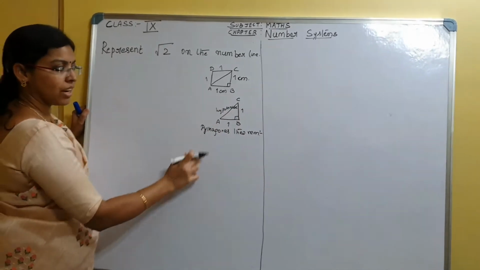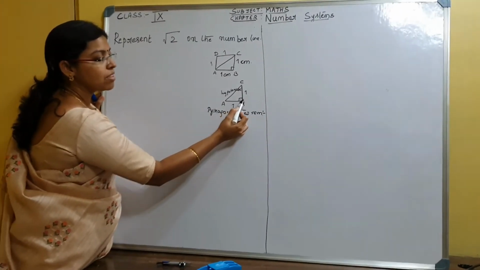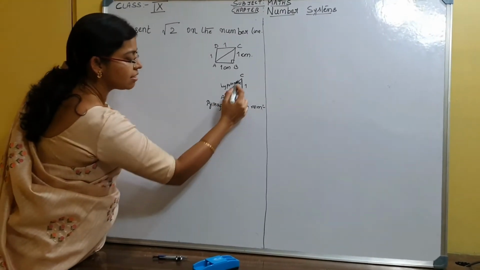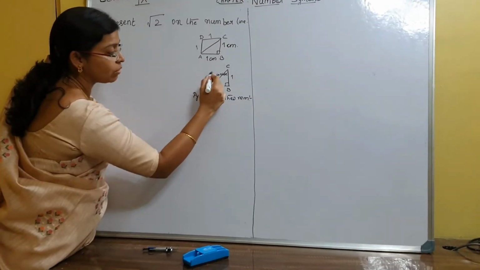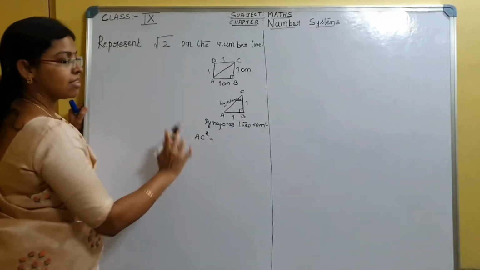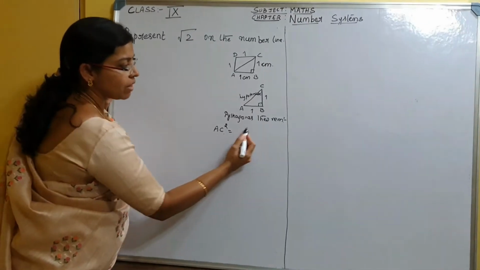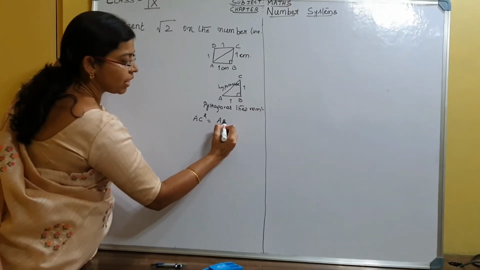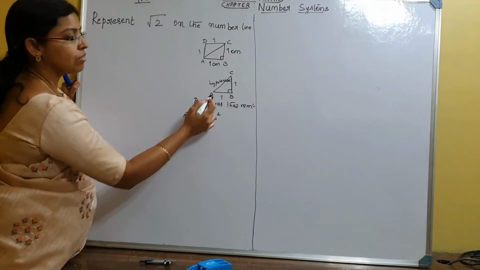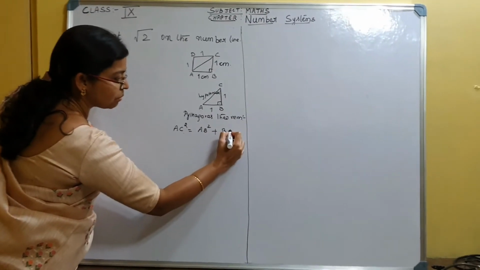In a right angle triangle, the square of the hypotenuse is equal to the sum of the squares of the other two sides. That is AC, the hypotenuse, AC square. Right, hypotenuse is AC here, the side which is opposite to 90 degrees. AC square is equal to AB square plus BC square.